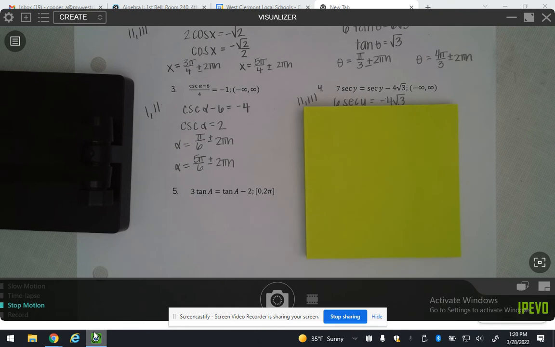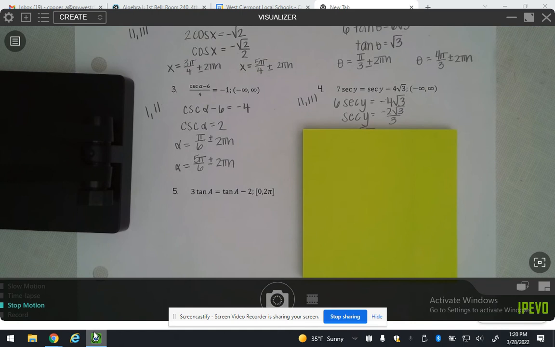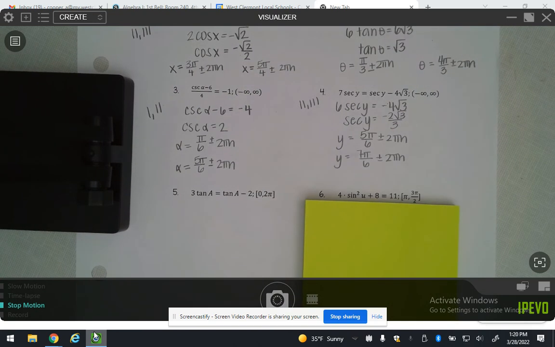First step, good? Second step, good. Now, you have to recognize reciprocals here. 2 radical 3 over 3 is going to be the same as radical 3 over 2. Okay? It's negative, so you need a second and third. So there should be your answer.